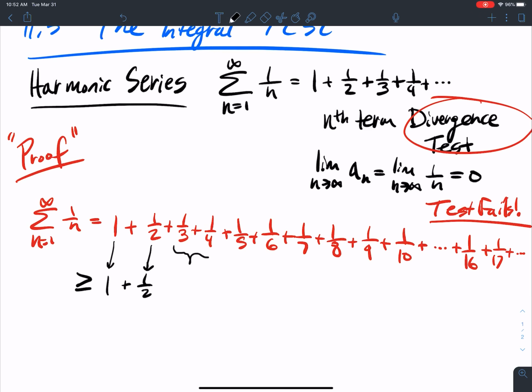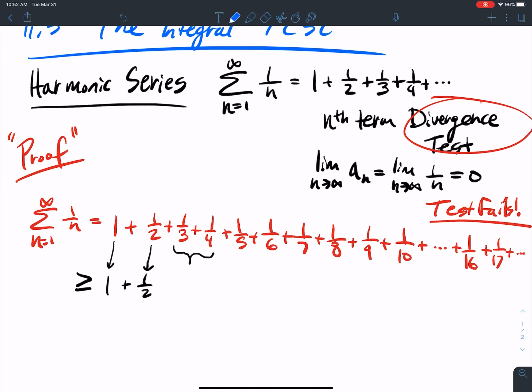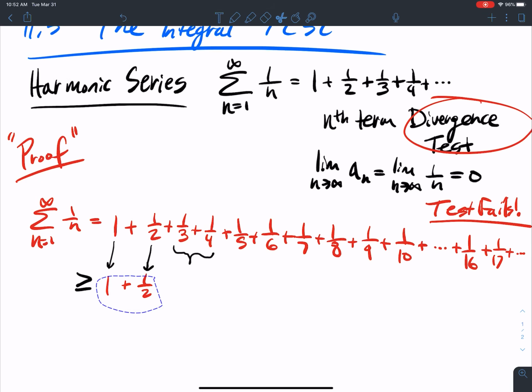I'm going to take this and this here, and I'm going to say that this is 1/4 plus 1/4. Okay? So why did I do this? Well, this will be apparent in just a little bit.